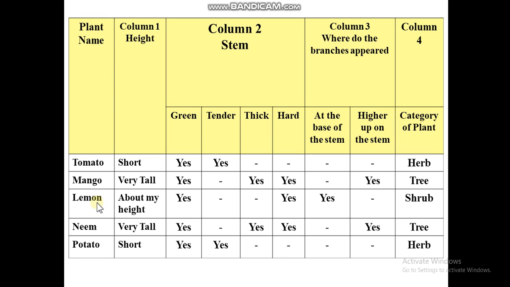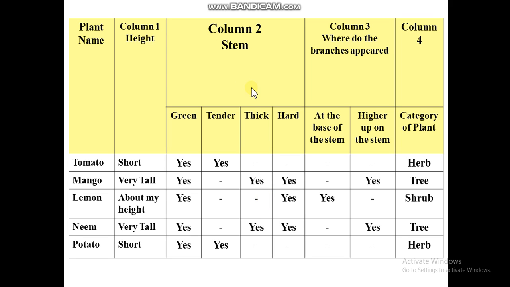Then we have the lemon plant. The height of the lemon plant is about our height. It is green in color, and not tender, since it does not die in 1 year or 6 months. It is not a perennial plant, and its lifespan is not as long as the mango, but it is about 5 to 10 years.